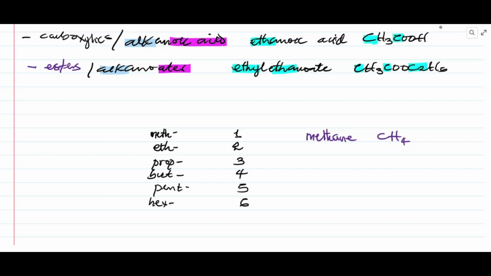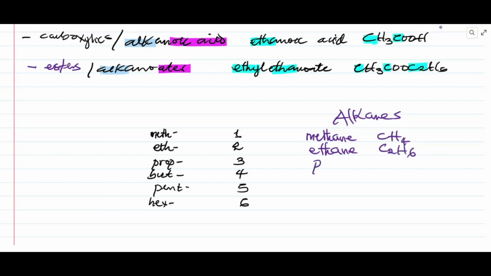If the compound has 2 carbon atoms and it also belongs to the alkane family, we're talking about the alkanes now. So this one is going to be ethane, just like the one we have up there, C2H6.